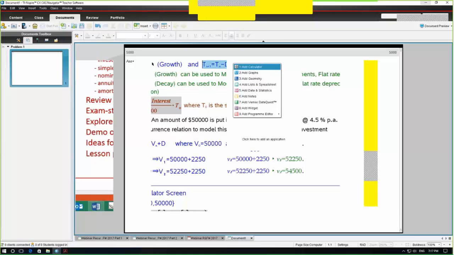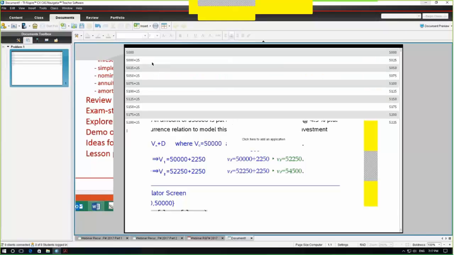So it picks up the last answer, and basically that's going to be used for recursion. So I don't have to type that, it comes up automatically. If I put a multiplication or addition symbol, it comes up. And now I can go plus 25, and I click enter, and you can see it just follows the recursion pattern. But the drawback is, if I want the 10th term or the 11th term, I have to keep counting the number of times I click the enter key.